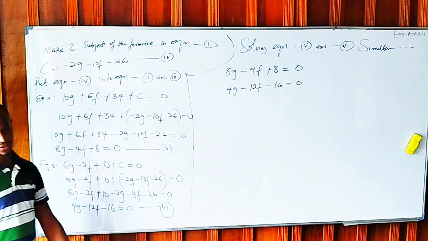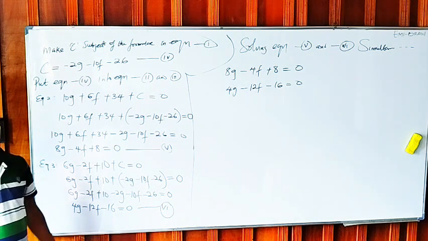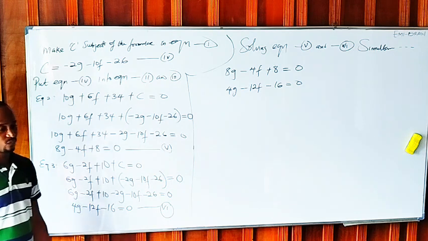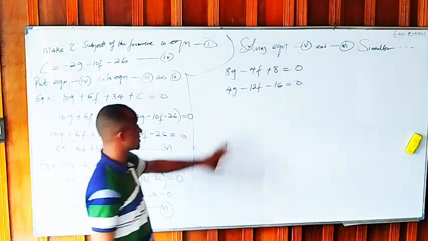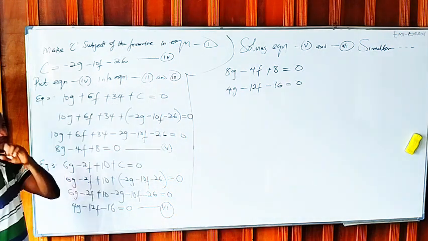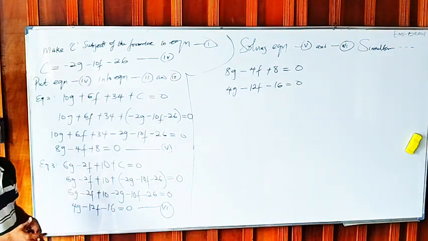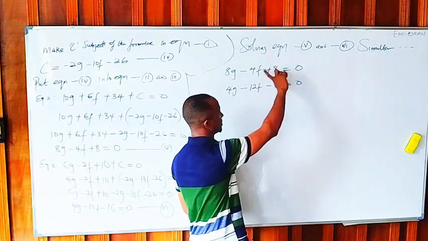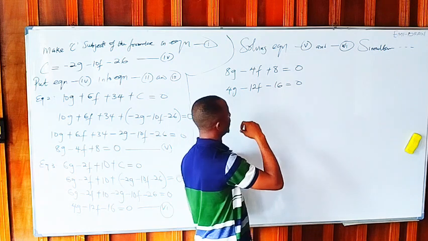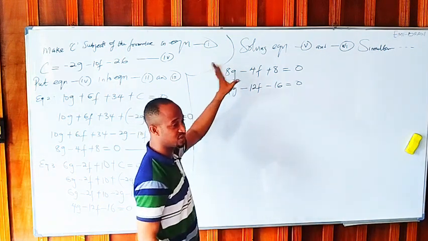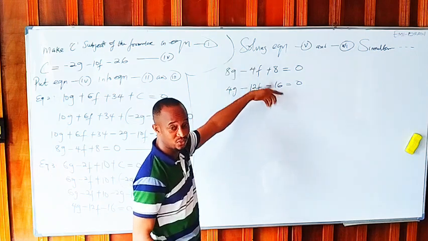You can tell me, what do we do to solve this? The constant, right? Look at this. If I'm to use elimination, it is preferable that we move this constant to the other side. I can as well make either g or f the subject, then substitute that value into the other equation to solve for the unknown.